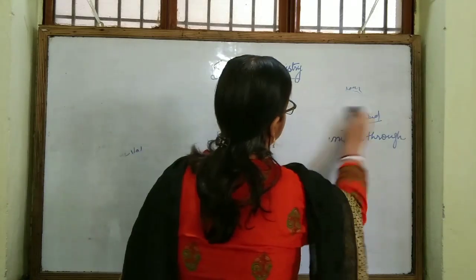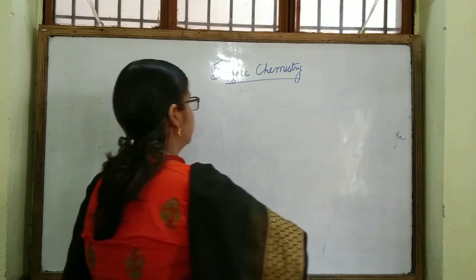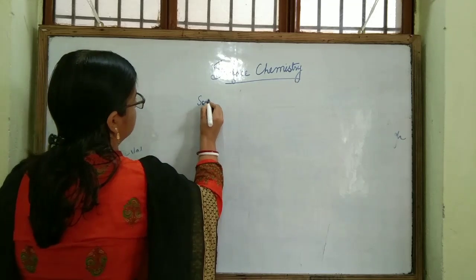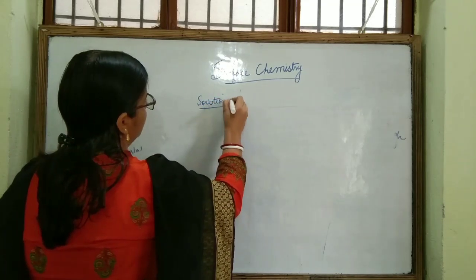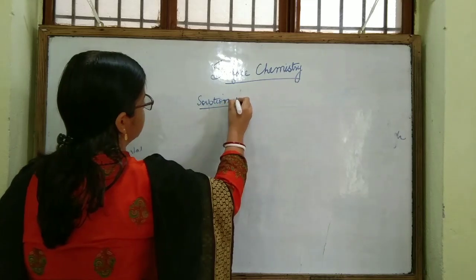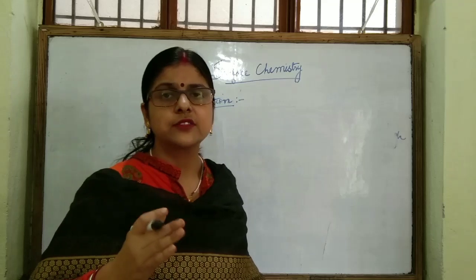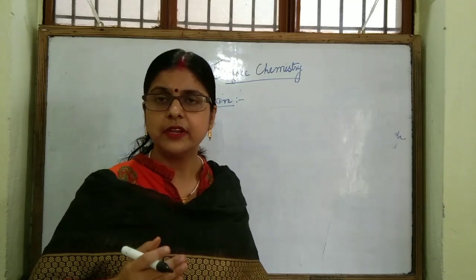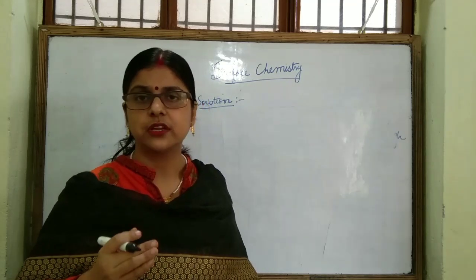Now you see, before proceeding, we will discuss some of the topics. These are simple topics. Sorption. What is this sorption? When adsorption and absorption take place simultaneously, then we call it sorption.